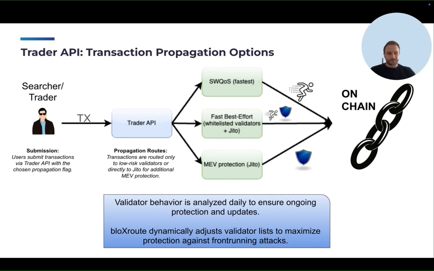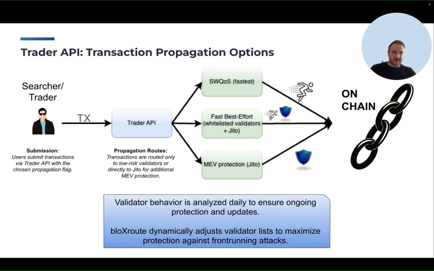And then there are also different configurations that you can choose when sending your transactions based on the trade-off that you want to make between front-running protection versus speed of landing.